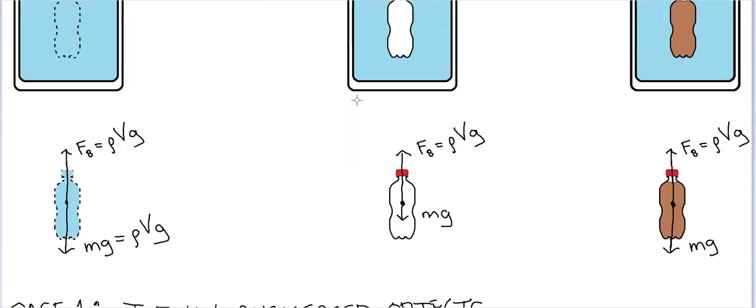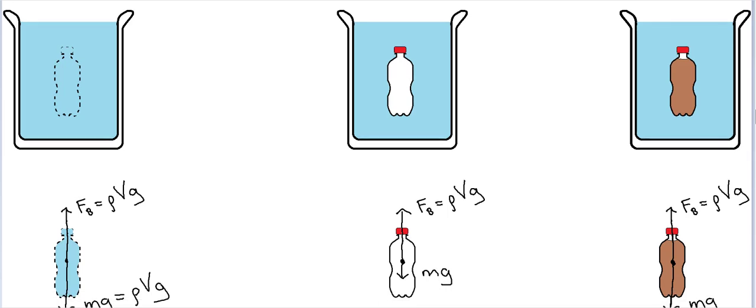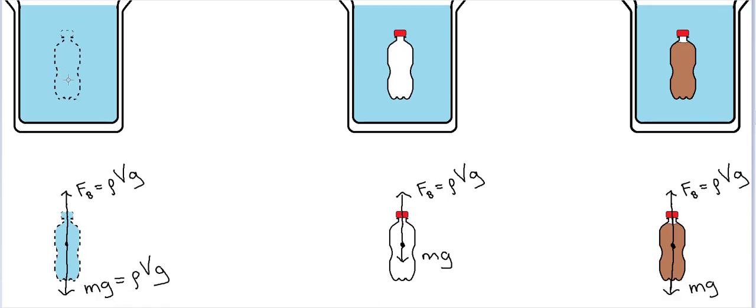So let's go back to the case where there is no soda bottle. In this case, that volume of where the soda bottle would be weighs as much as the volume that it is displacing, right? Because it is made of water. And so the buoyant force is equal to rho times v times g. Rho times v is just m, right? Remember that rho is m over v, so m is rho times v.